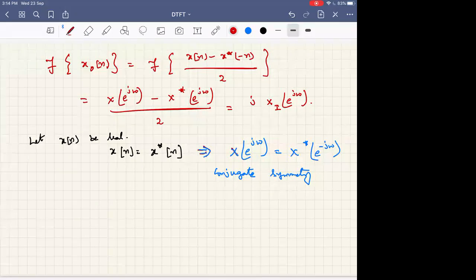So let us apply the Fourier transform here. We already got this. Given this conjugate symmetry, what can you tell more about the spectrum? This implies what?